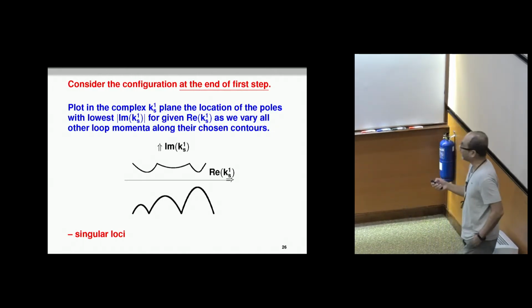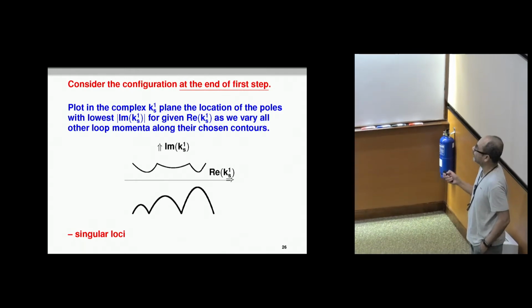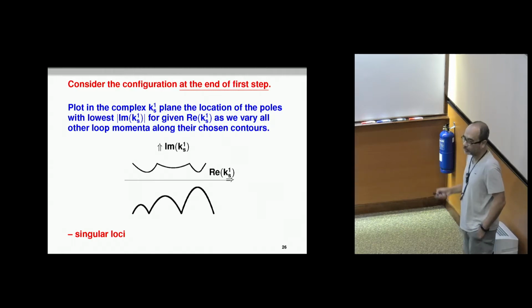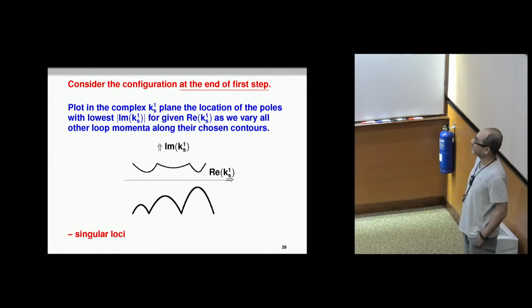Here I have plotted in the complex K1 plane, this is real K1, this is imaginary K1, the location of the poles with lowest imaginary K1 for given real K1, because there are many propagators. So this is the location for the one that comes closest to the real axis. For every real K1, I have plotted the poles that come closest to the real axis, both from top and from below.